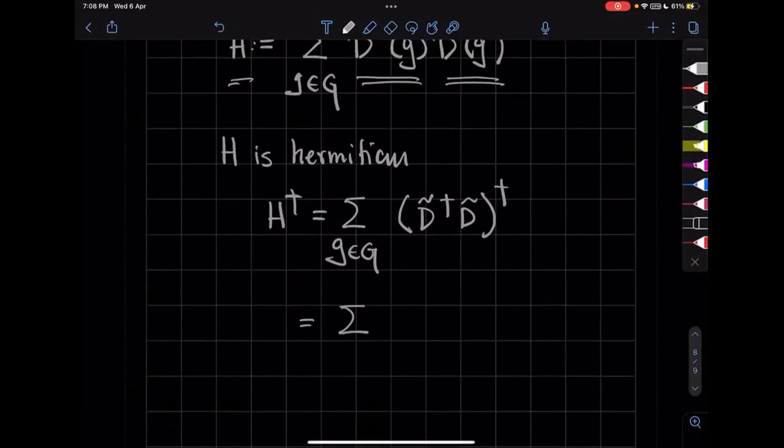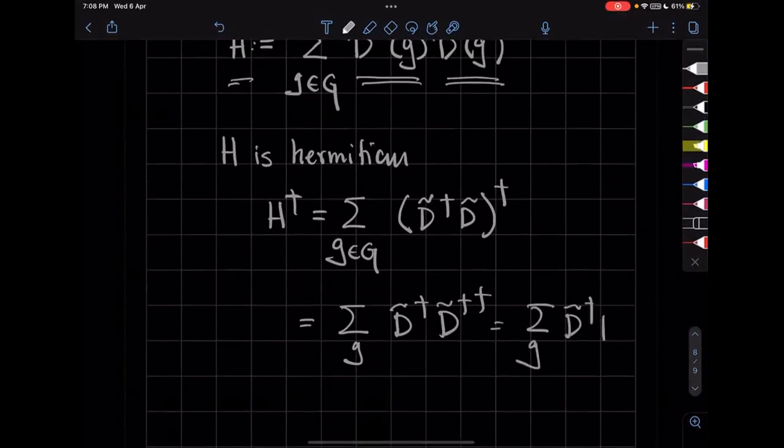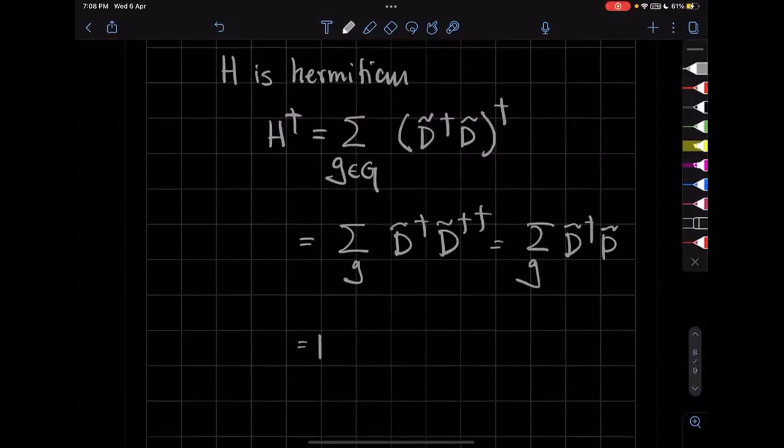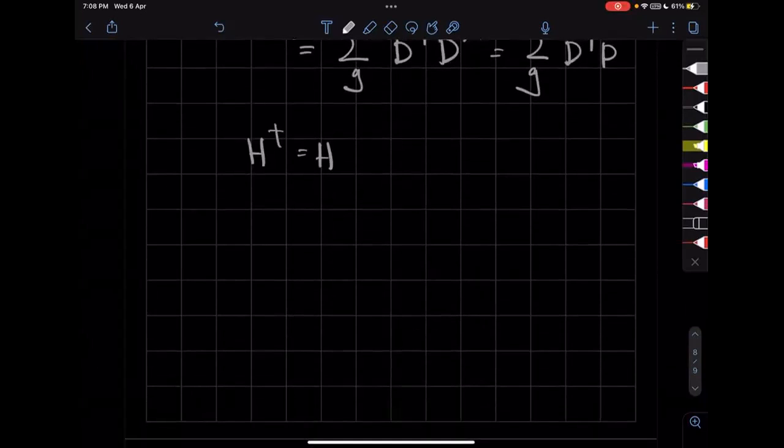So this becomes... so we see that H is a Hermitian matrix. Okay, the next thing we will show is that H is invariant under the following transformation.